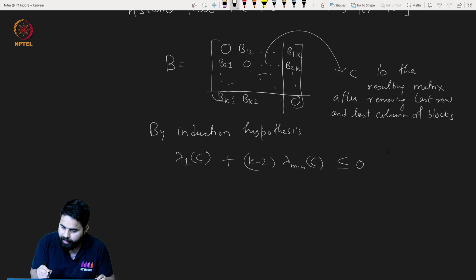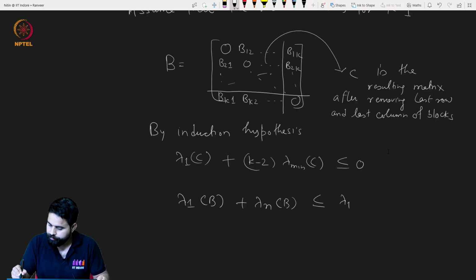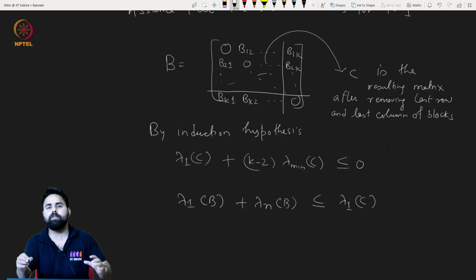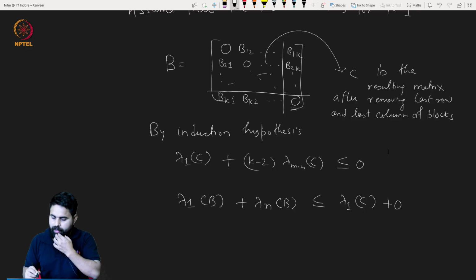So lambda 1 of B plus the smallest eigenvalue, lambda n of B, is always less or equal to lambda 1 of C, because now you treat this B as 2 cross 2 big blocks plus this block, right? But it is 0, so plus 0, so nothing here, okay, very good.